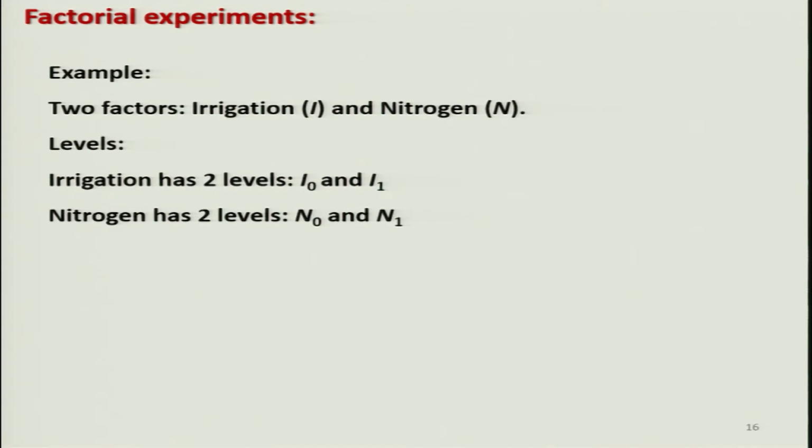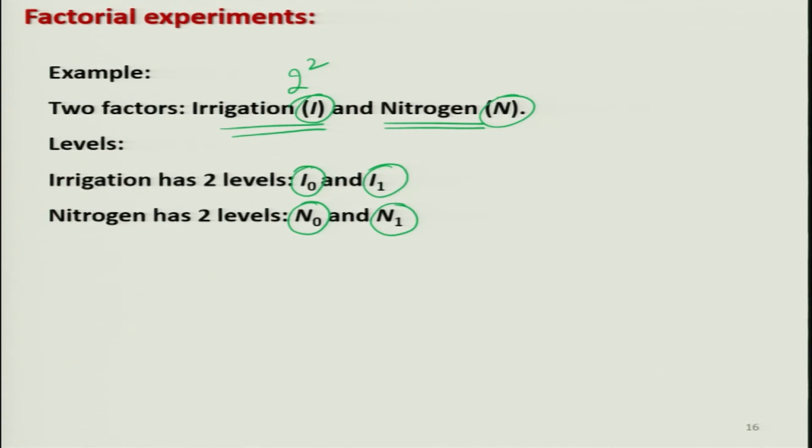So, now in order to understand different types of such terminology, let us consider a 2 square factorial experiment, and we consider only 2 factors, irrigation and nitrogen, indicated by capital I and capital N, and both of them are at 2 levels. So, irrigation has 2 levels, indicated by I0, I1, and nitrogen has 2 levels, indicated by N0 and N1.